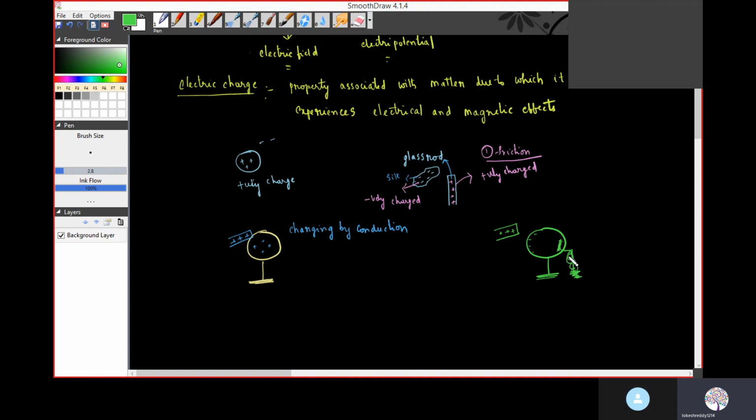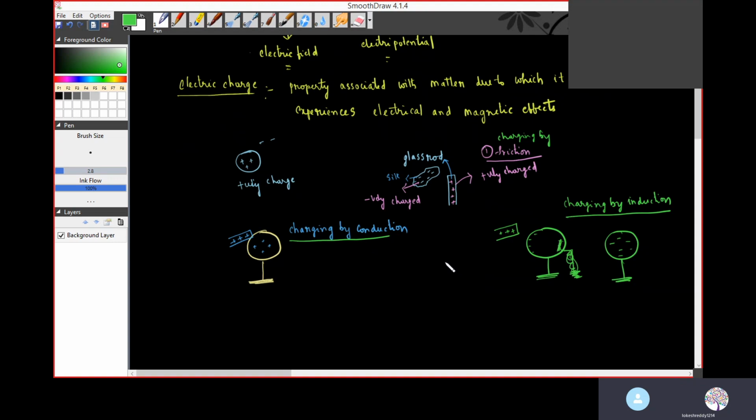Later you remove the connection. When you remove the connection, the metal sphere will have negative charge. This is called charging by induction. This is charging by conduction, and this is charging by friction.